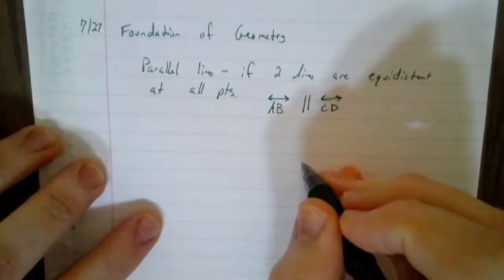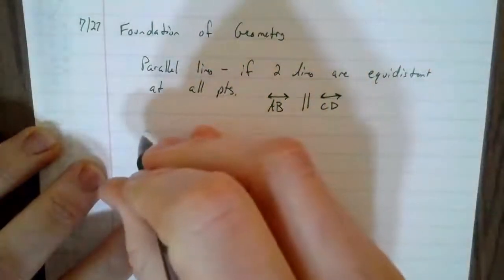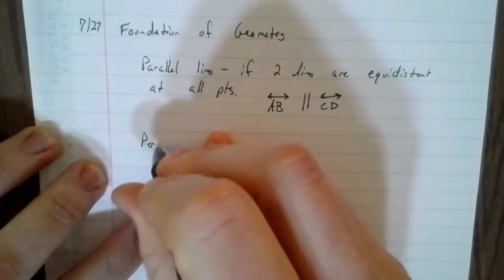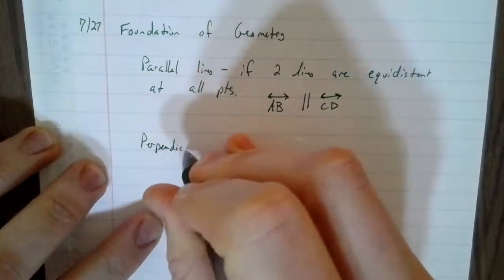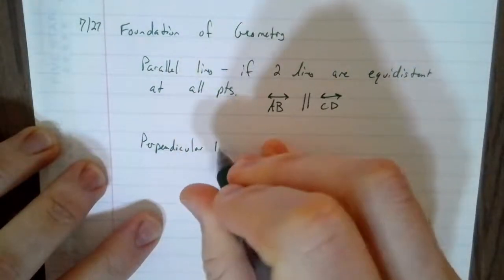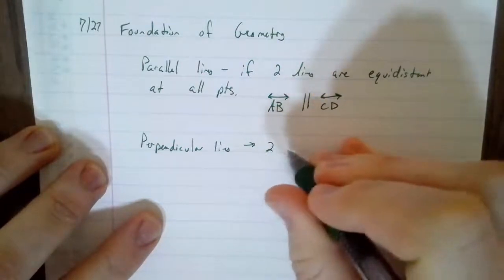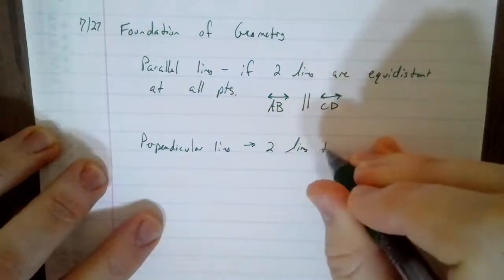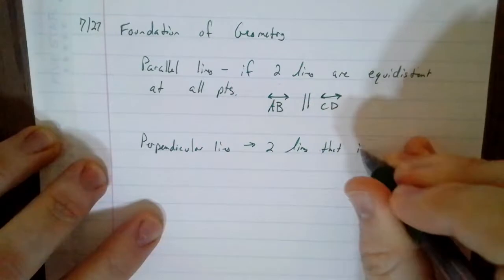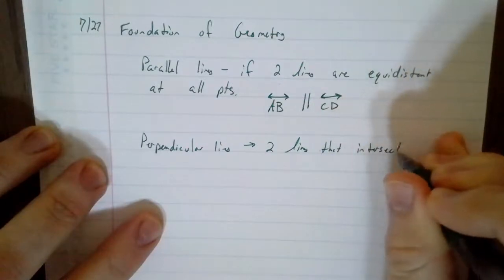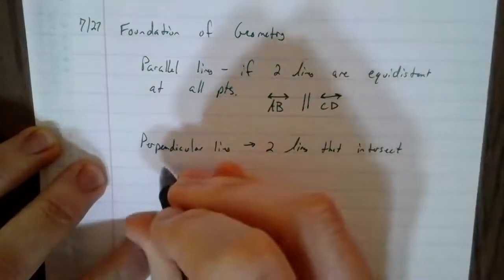Okay. Next we have perpendicular lines. Perpendicular lines, right? This is two lines that intersect specifically at right angles.